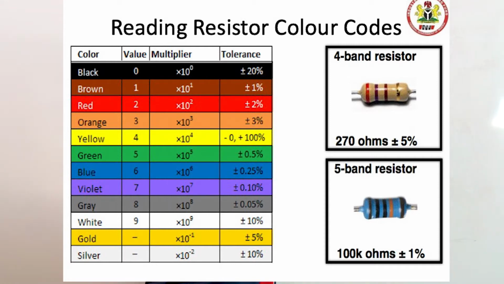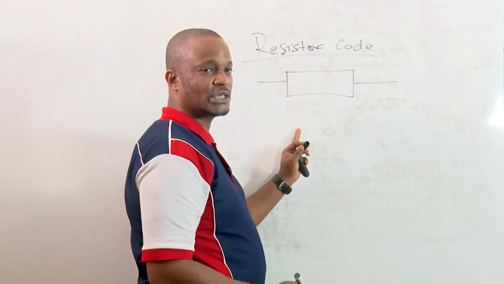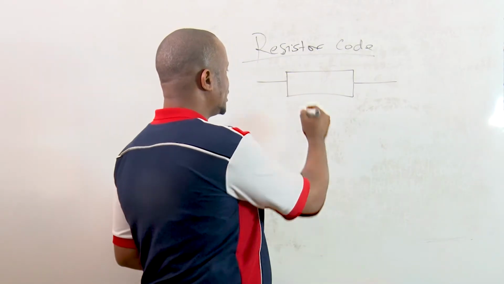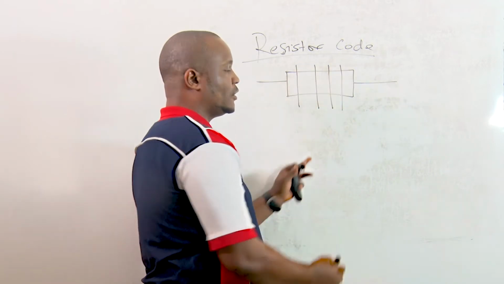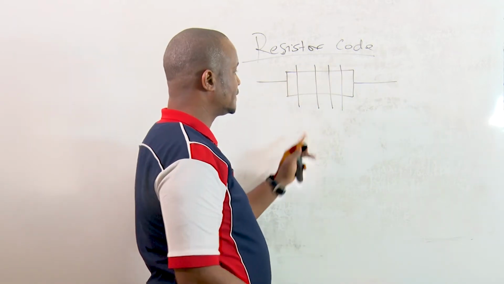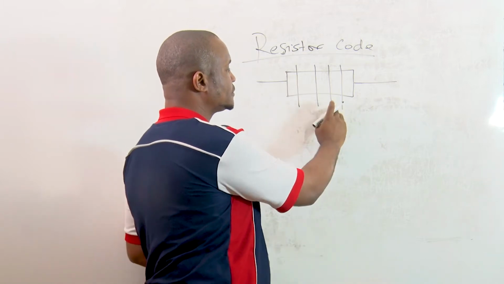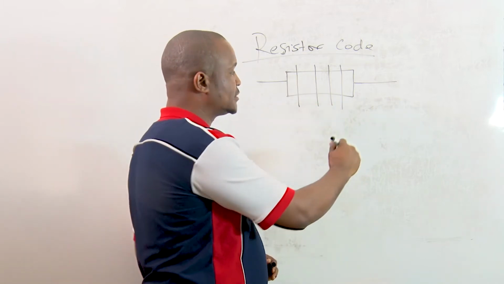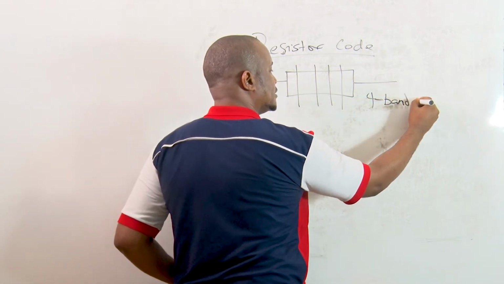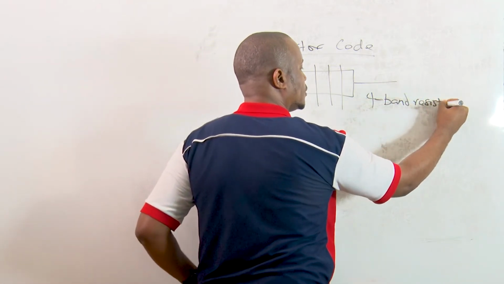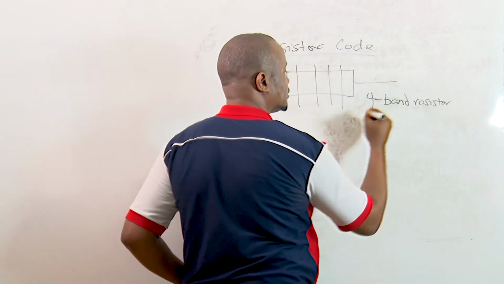We have a resistor. We have identified this as the symbol for a resistor in our previous lesson. And then we have markings. You can have markings on the resistor like this. When you look at a resistor that has about 4 markings, that is known as what? A 4-band resistor, okay?